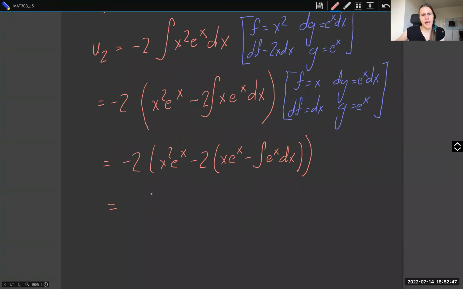But now I'm going to expand out everything. So I'm going to get minus 2 times this. So it's minus 2x squared e to the x. Then it's going to be plus 4x e to the x. And then there are now 3 minus signs, so minus 4 e to the x. Plus I put a c there, so I put a d here.